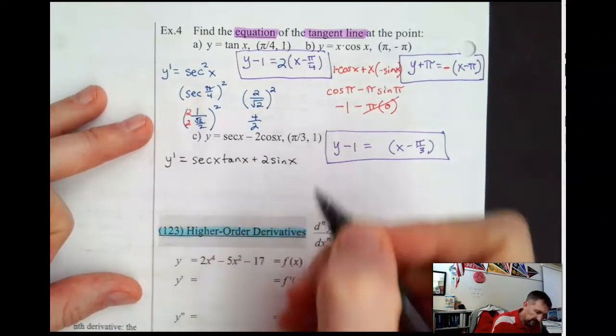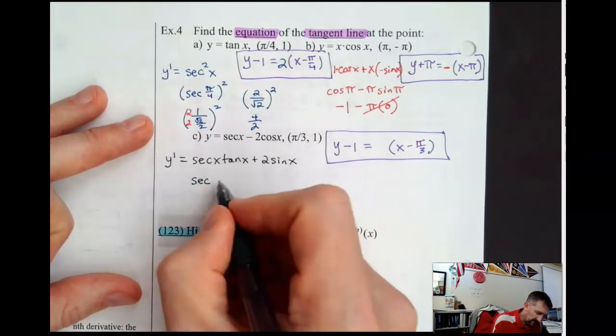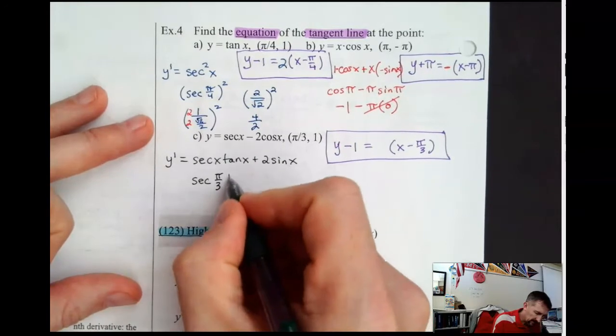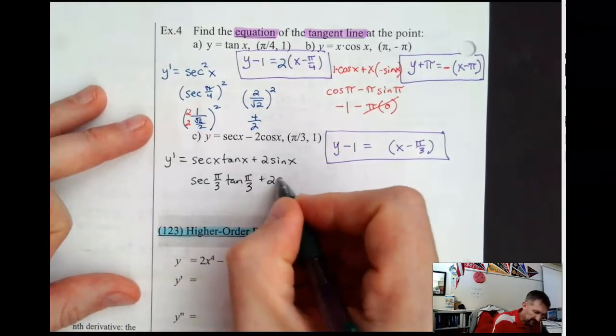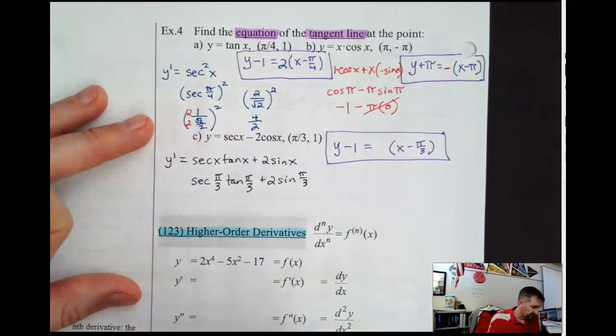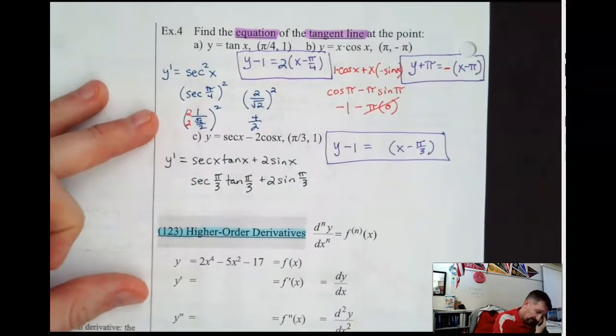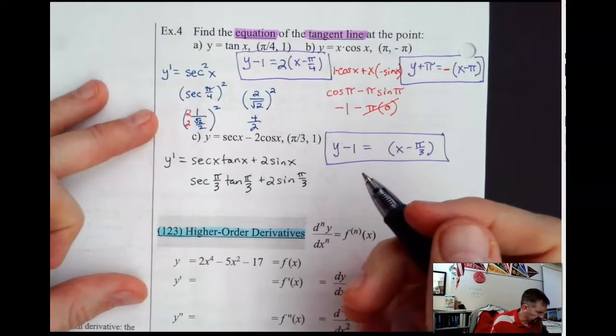So 2 sine x. So this is going to be the secant of pi over 3 tangent pi over 3 plus 2 times the sine of pi over 3. Okay, so this is going to get a little bit awkward perhaps. We can think about some options here.